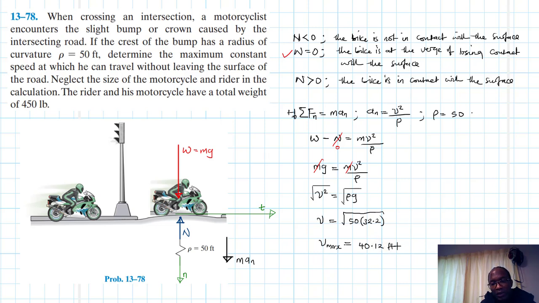This is in feet per second. Again, 50 by 32.2, square root of that, that's 40.12. So we've calculated our velocity, 40.12 feet per second. This is the maximum speed at which the bike can go so that it still remains in contact with the surface at that particular hump.